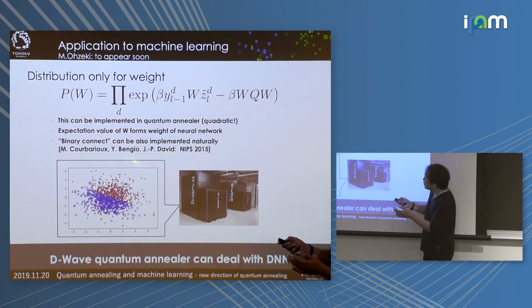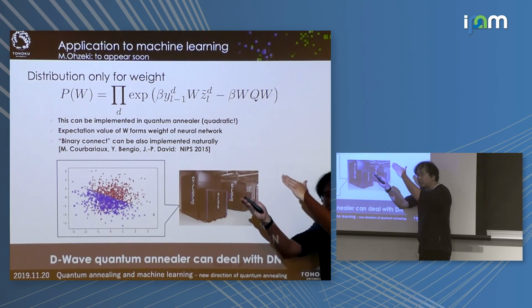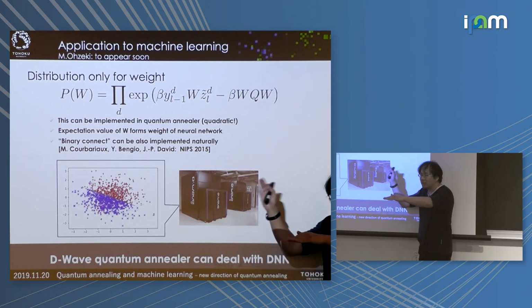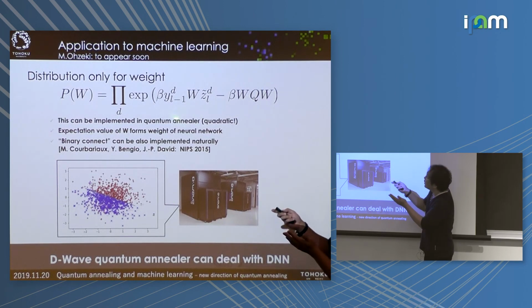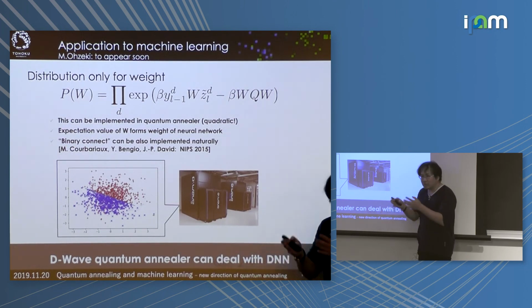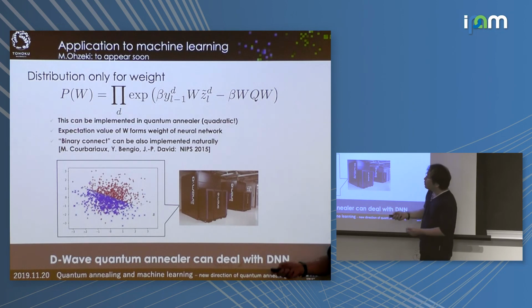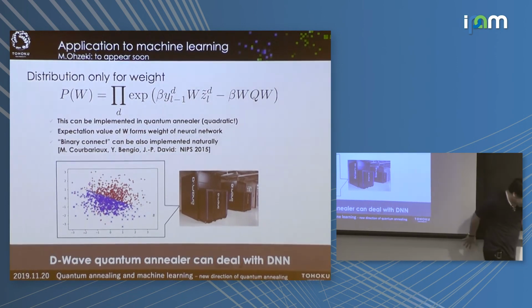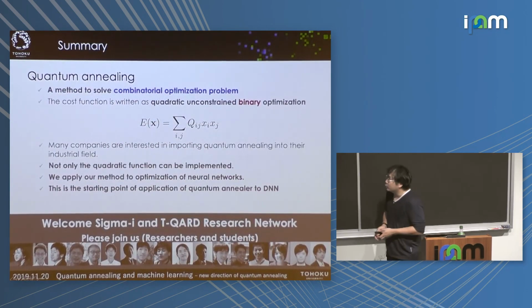They optimize the neural networks with real-valued weights at first, and after that they take the binarization of the result. But if we implement this strategy, we directly optimize the binary neural networks. Binary neural networks are a combinatorial optimization problem and very hard to solve directly. But using quantum annealing with this strategy, you can directly optimize the binary weights of the neural networks.